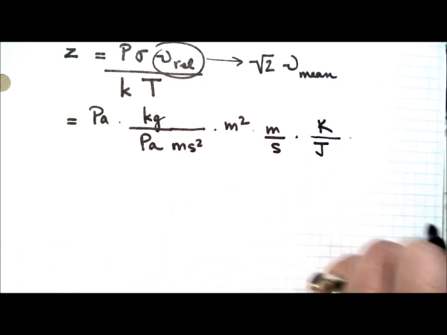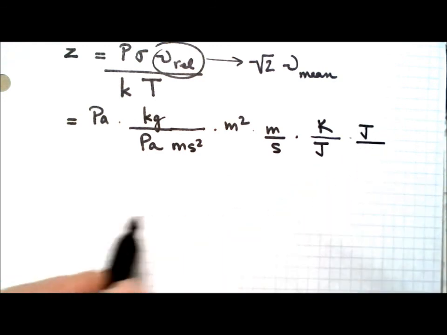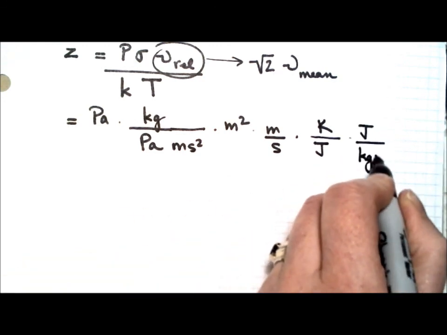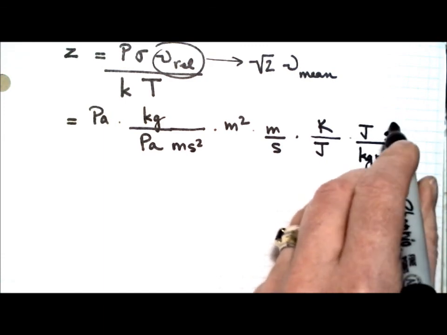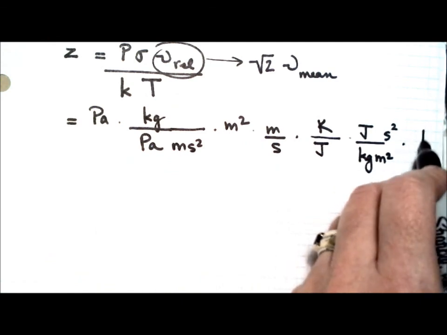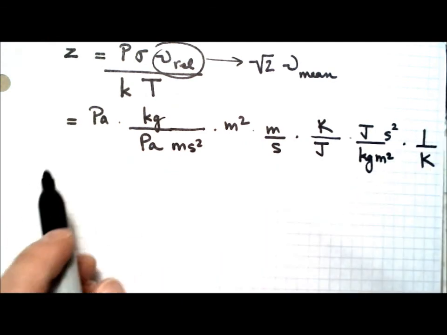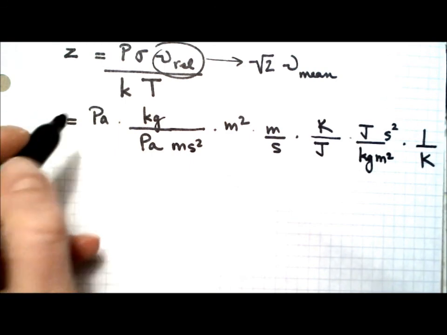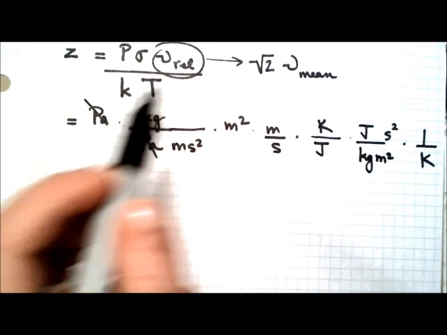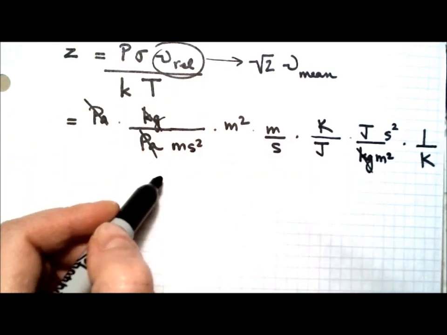And my joule needs to be broken up into its SI units. So 1 joule is a kilogram meter squared per second squared. And then I'm also dividing by temperature in Kelvin, so 1 over Kelvin. So let's go through and see if everything cancels. Pascal, Pascal, and kilogram, kilogram.